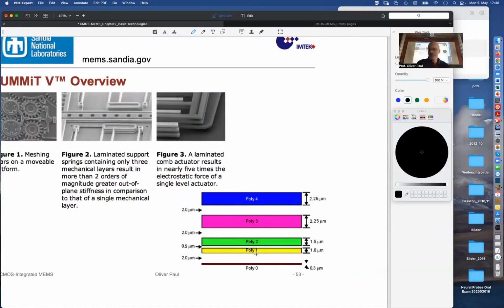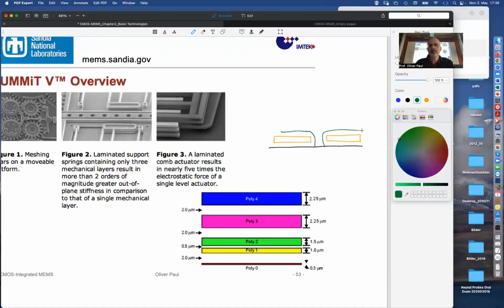Just to show you how such a little turning structure might work, let me consider, I'll take some yellowish structure. I'll design that like this, in cross section, and I do the green structure, the poly 2, on top of it, but I deposit it right through a hole.